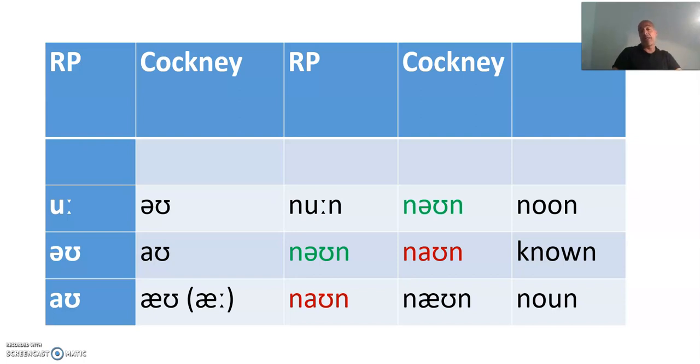And then if you have I've known in RP, known becomes something like noun in Cockney. And then you have to change noun, like verb, noun, which then becomes noun in RP, or something like nan.